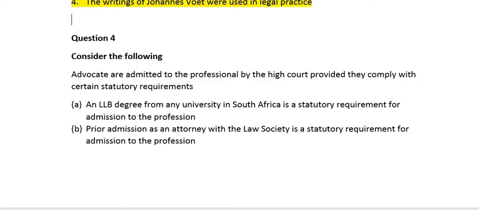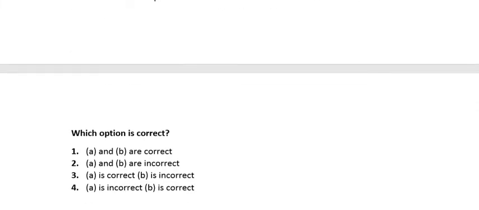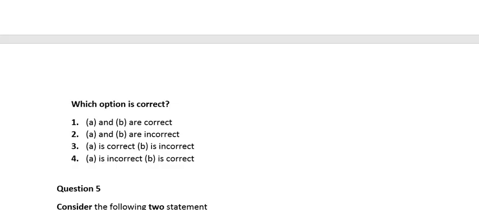Consider the following. Advocates are admitted to the profession by the High Court provided they comply with certain statutory requirements. A. An LLB degree from any university in South Africa is a statutory requirement for admission to the profession. B. Prior admission as an attorney with the Law Society is a statutory requirement for admission to the profession. Which option is correct? Number 1, A and B are correct.